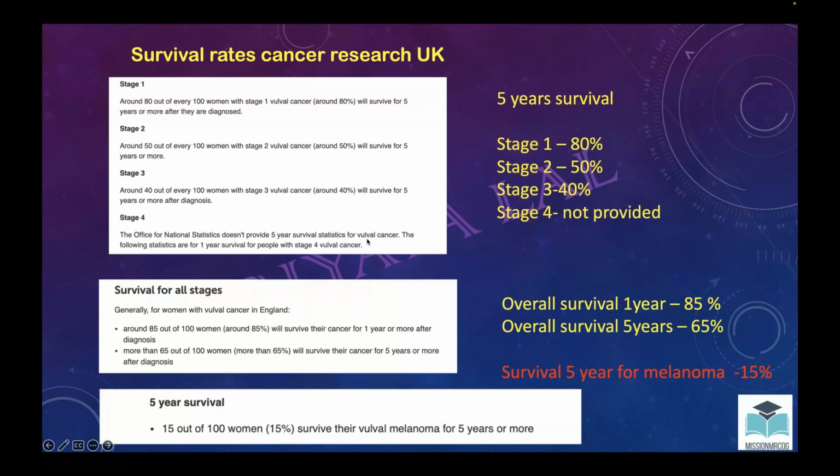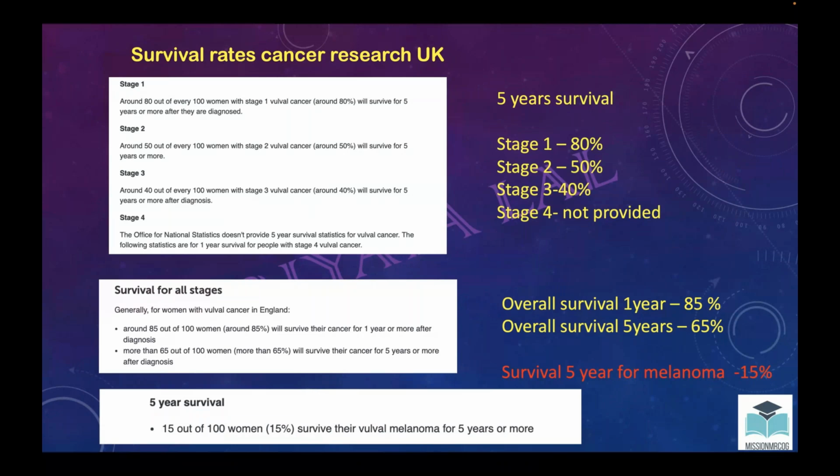Okay. Now, overall survival for 1 year, because recently this 1 year survival also started coming, it is 85%. Overall survival for 5 years will be 65%. I know the percentages are important to remember, but they want us to know that. Even part 2 and 3, both people required that.